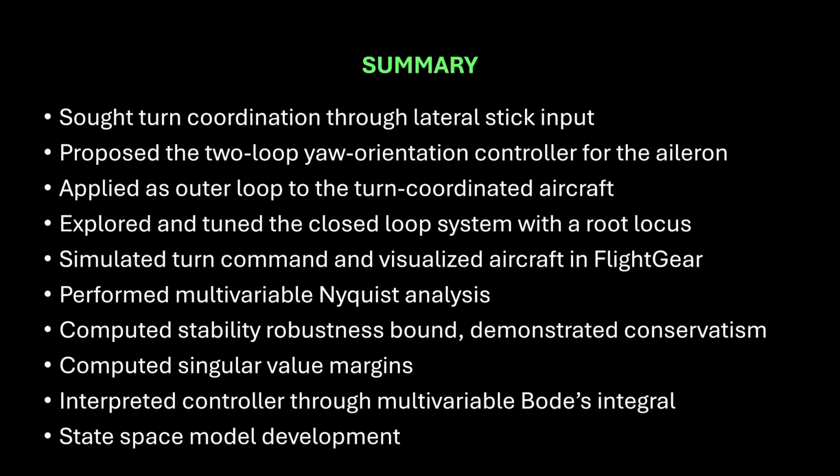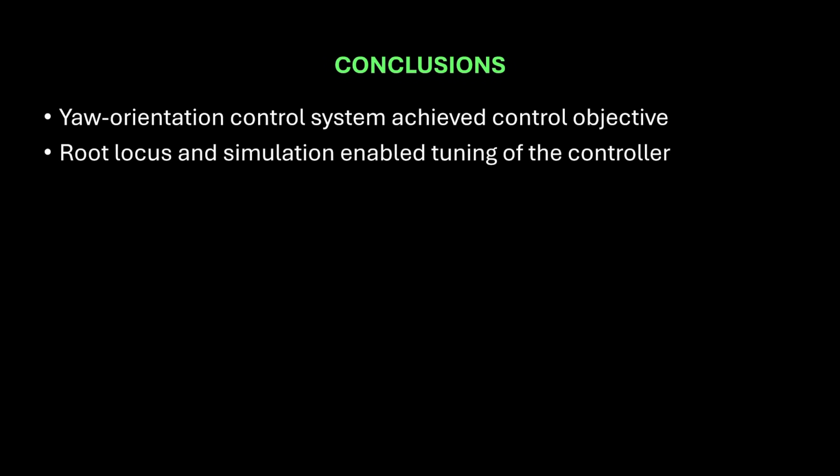Finally, we briefly showed the state-space models used in this analysis and described how they could be developed from the block diagram. We found that the yaw-orientation control system was effective at achieving the desired turn rate that could be easily connected to lateral stick motion. The root locus was an effective means of tuning the controller.